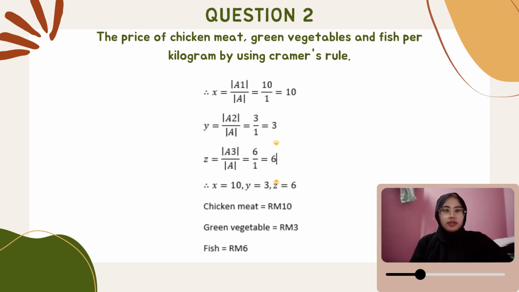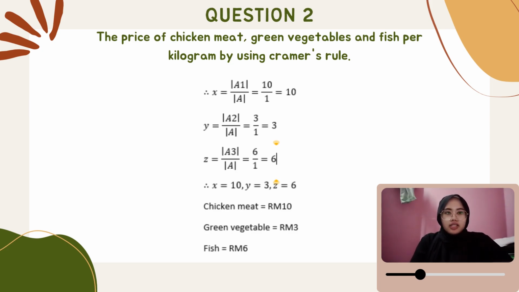The last step is to divide the values of A1, A2 and A3 by the value of A. For x, we get 10. For y, A2 equals 3. And for z, A3 equals 6.